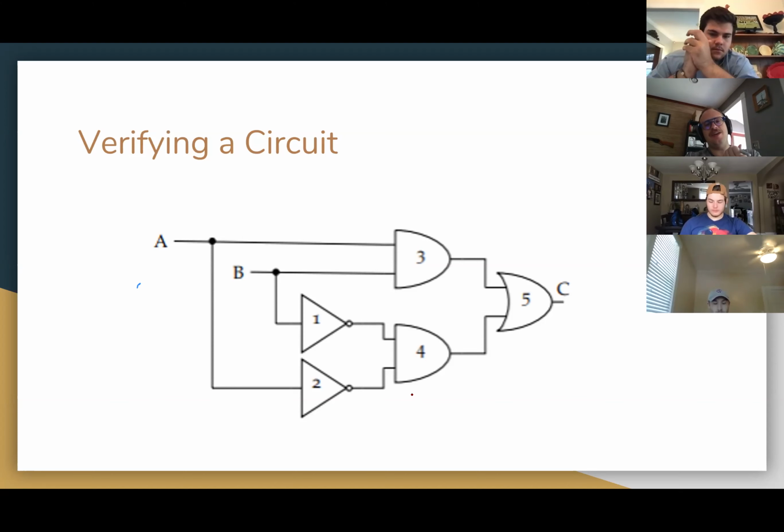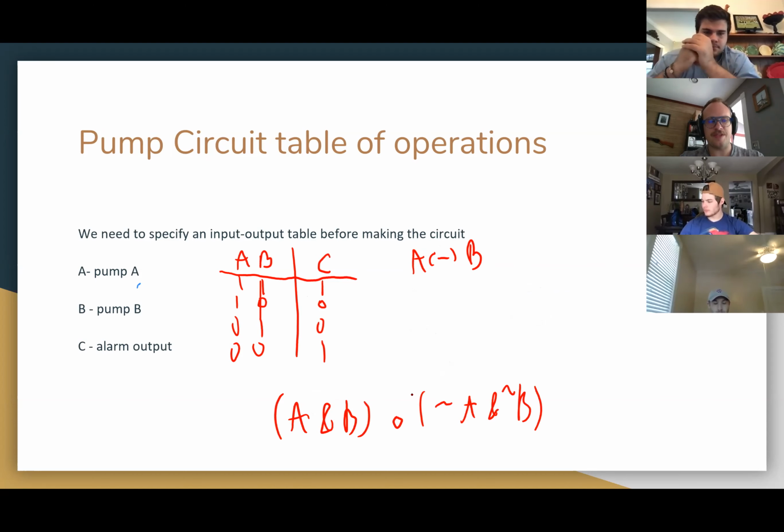So here we have a circuit representing this well-formed formula we came up with.